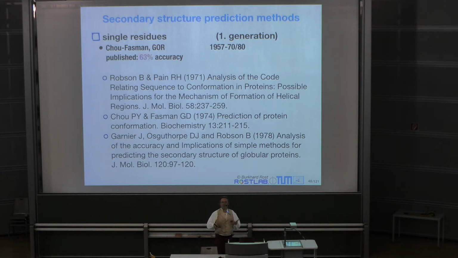Is it a good number or not a good number? Yes is a good answer. Yes is always good. No is, for a scientist, always good too. But why? The real question is why. Because in 63, you don't know the structure of the protein. You are predicting it after seeing the sequence. So 63% is for me too much.